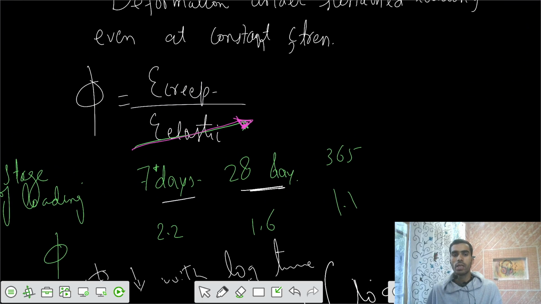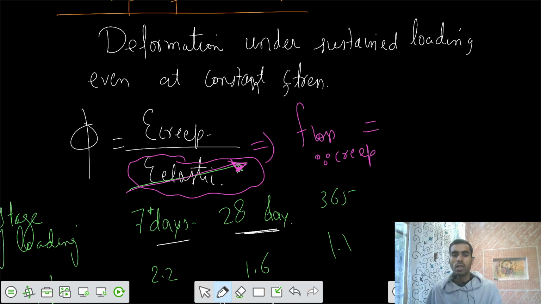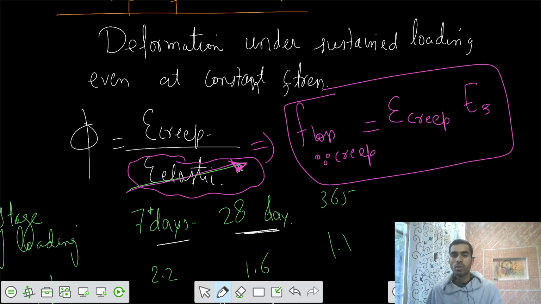If I substitute this value here, the loss of stress because of creep is the strain because of creep multiplied by the Young's modulus of elasticity for that material. But how do we calculate this creep strain?